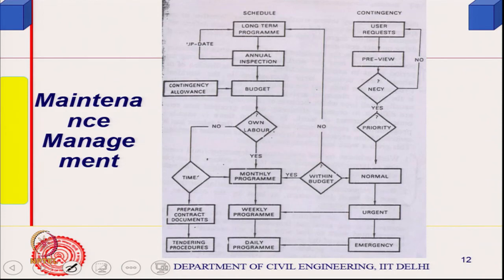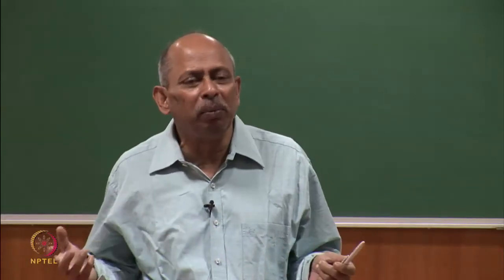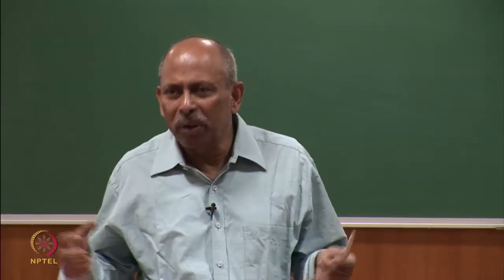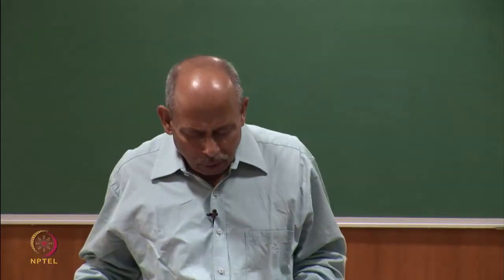And then from there I do the budget for that particular year. I do the budget, but in the budget I must keep some provision for contingency. That is what we normally do, all right.